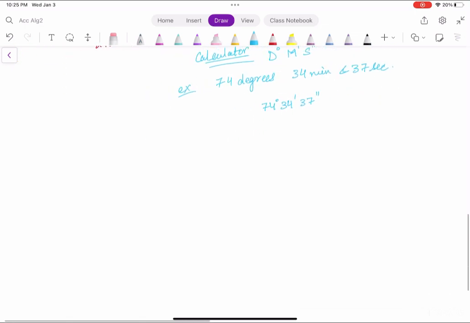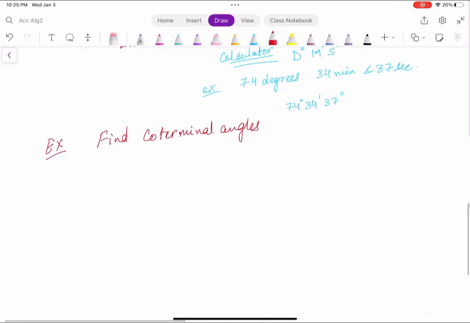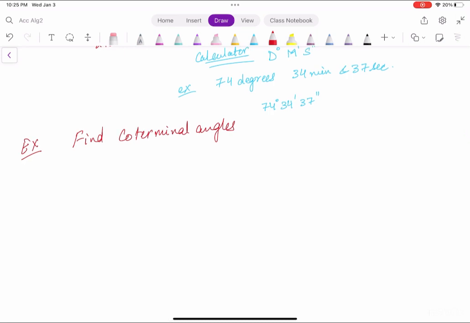Now, let's take a few examples. So in this one, they are asking to find the co-terminal angles. And when they are talking about the co-terminal angles, let's find the positive angle and the negative angle as well.